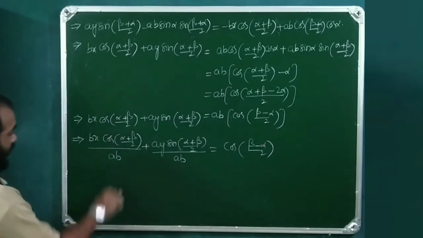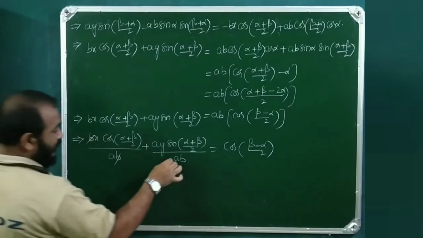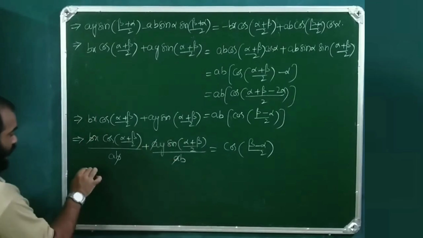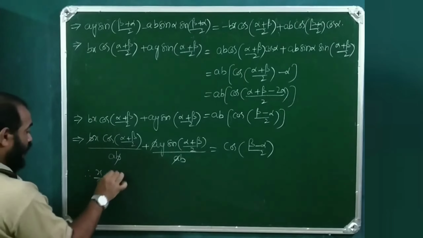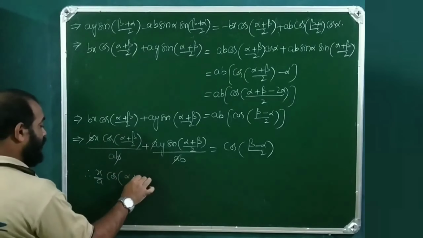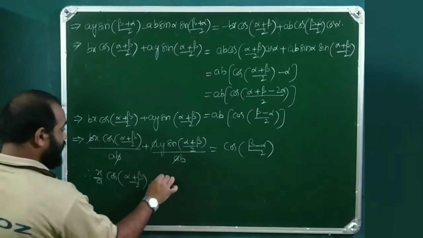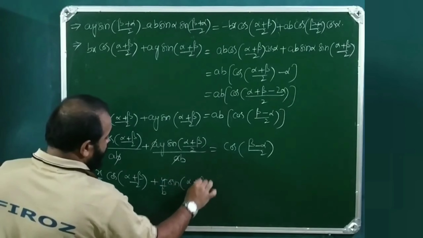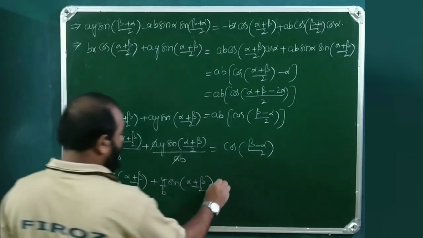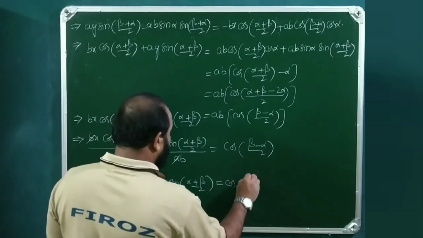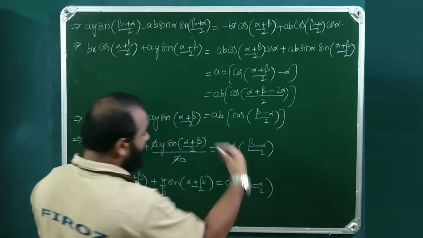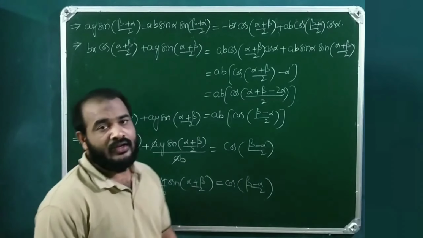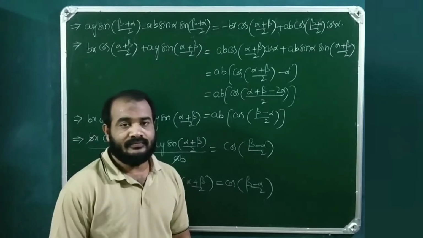So here this B gets cancelled and A gets cancelled. Therefore, x by a cos (alpha plus beta) by 2 plus y by b sin (alpha plus beta) by 2 is equal to cos (beta minus alpha) by 2, which is the equation of the chord joining the 2 points.